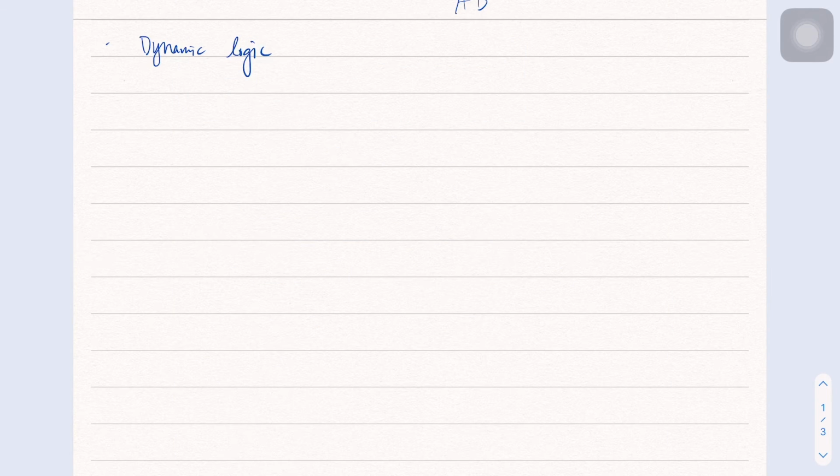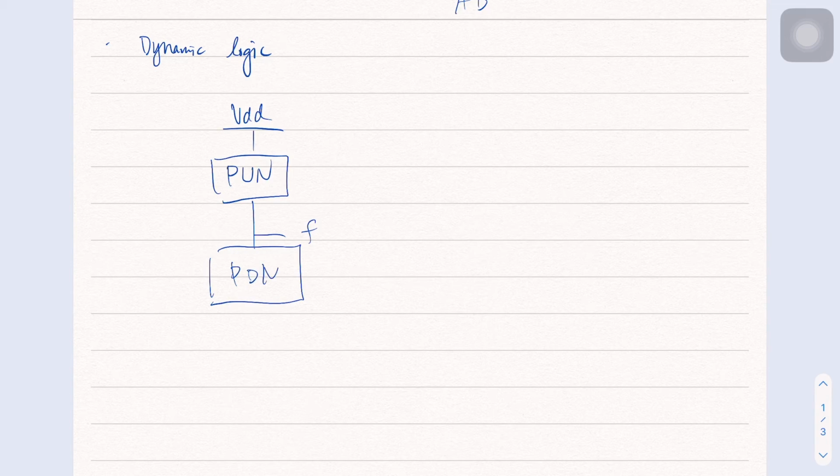Alright, so let's talk about the dynamic logic. For dynamic logic, it's pretty easy to recognize. If I first draw the static logic, you have VDD connected to the pull-up network, and you have the output, then you have the pull-down network connected to the ground, and that's static.